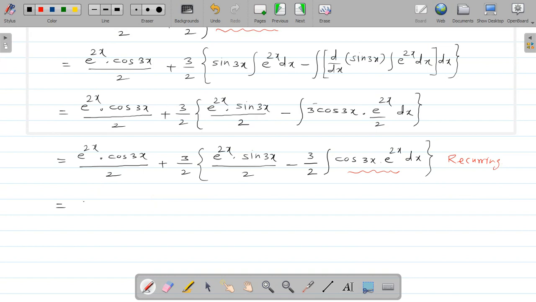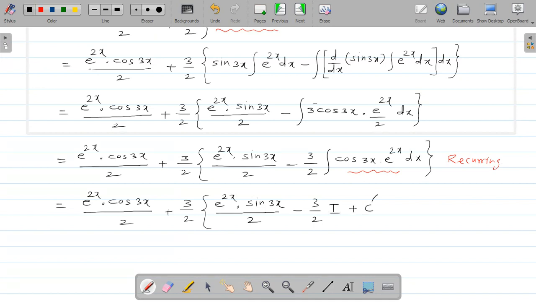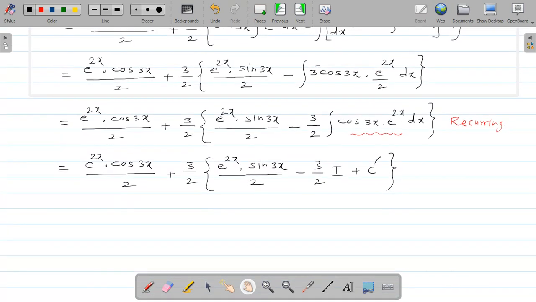So I will write e raised to 2x into cos 3x upon 2 plus 3 by 2, now in the curly bracket it is e raised to 2x into sin 3x upon 2 minus 3 by 2 into I, plus let us consider the constant c dash here. In place of this integration we have to put I.